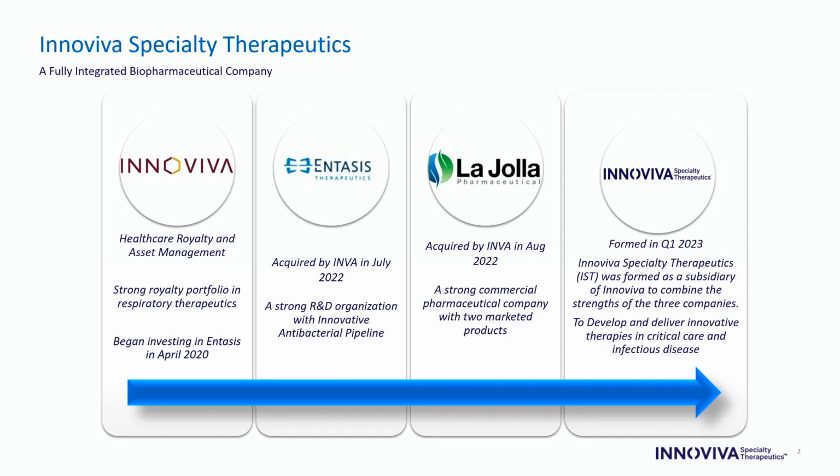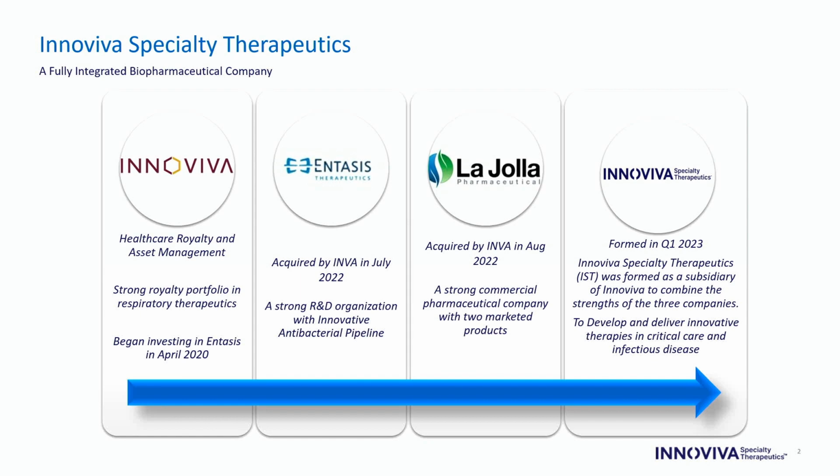Just a little background on the companies. I've mentioned Entasis and Innoviva, just to give a little bit of history of the evolution of these companies. Innoviva is a healthcare royalty and asset management company, and they started investing in Entasis back in April of 2020. Entasis Therapeutics was a spin-out from AstraZeneca to really continue the antimicrobial and antibiotic R&D development in this space, and ultimately Innoviva purchased the remaining shares of Entasis Therapeutics last summer in July of '22.